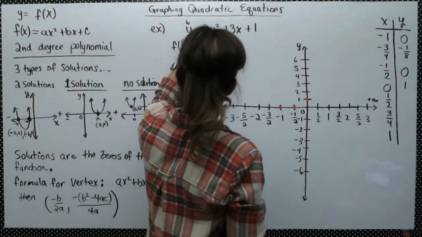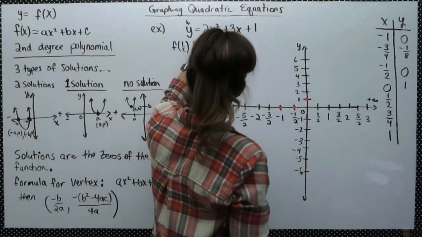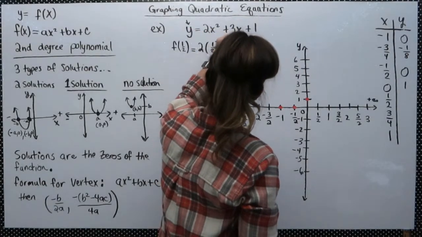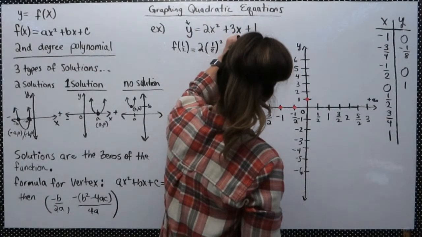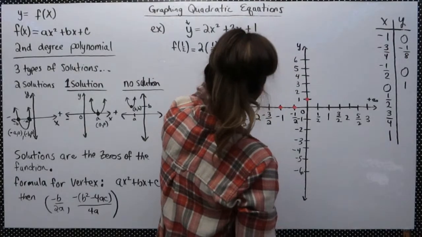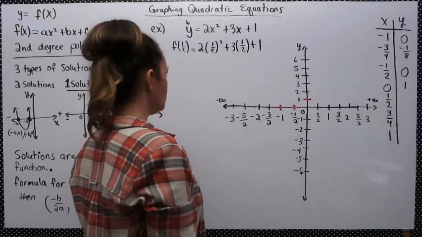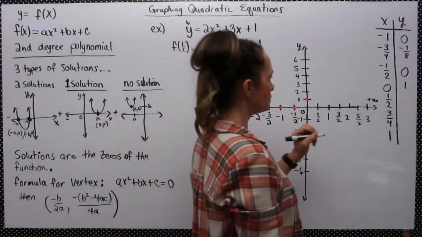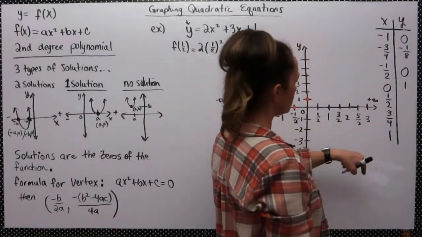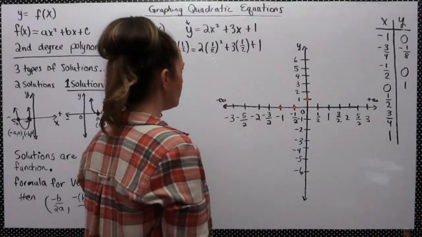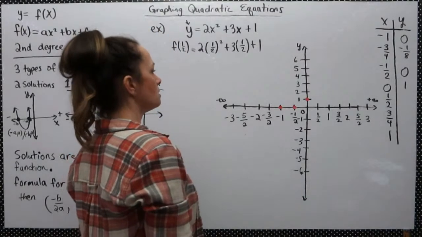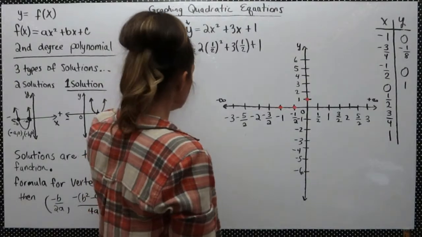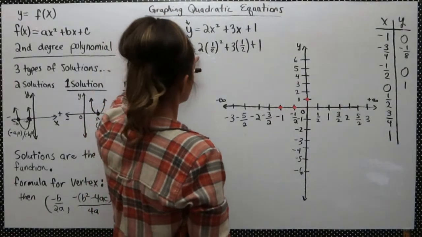And so that's going to be 2 times 1/2 squared plus 3 times 1/2 plus 1. All I'm doing is plugging in, because I want to know the behavior of the function when x is 1/2. So I want to get that critical value in my graph.